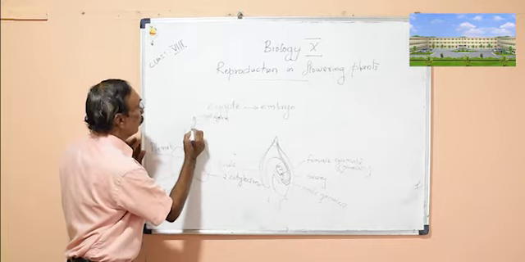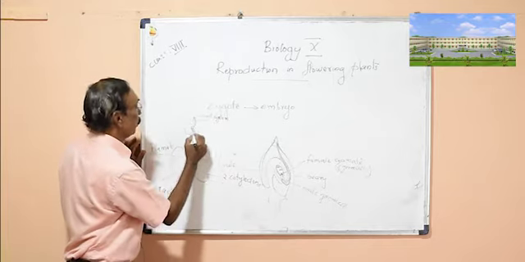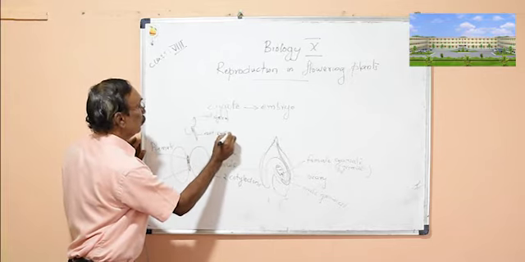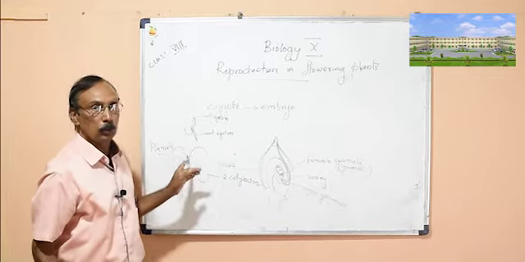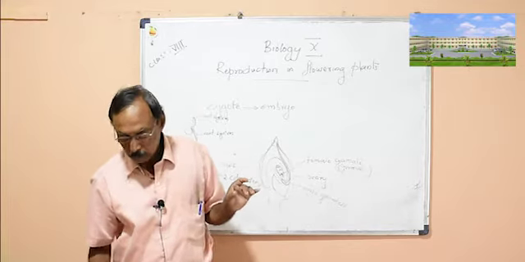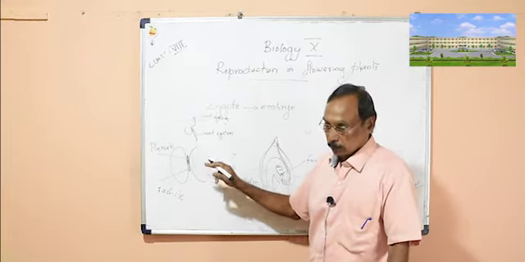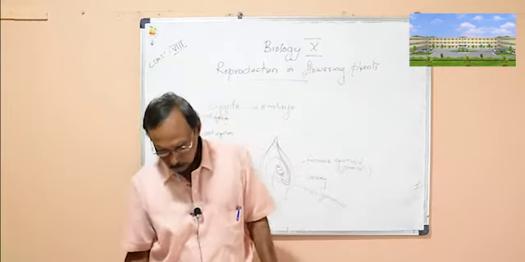The radicle, this part, will become the root system. So you have to learn how to draw this diagram also, and these are the parts of the embryo. Not difficult to understand.